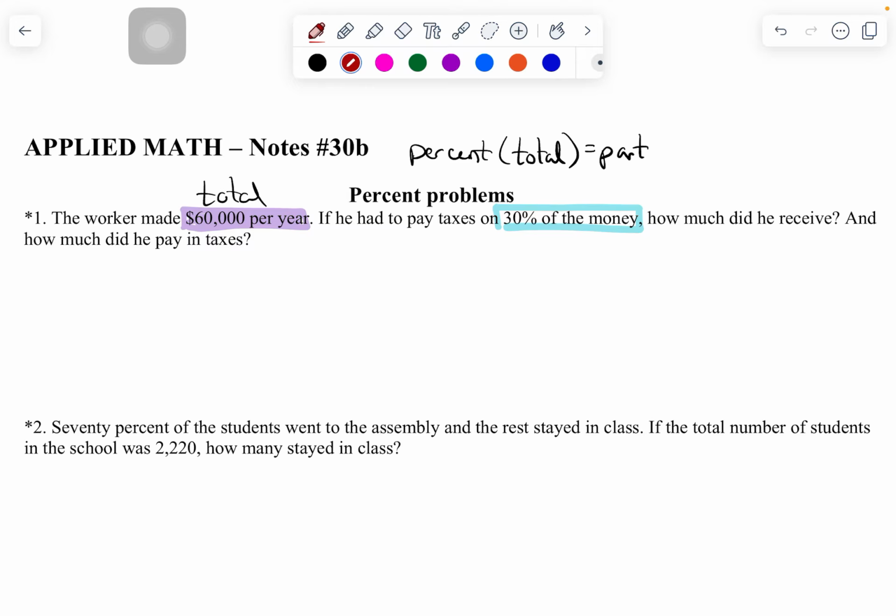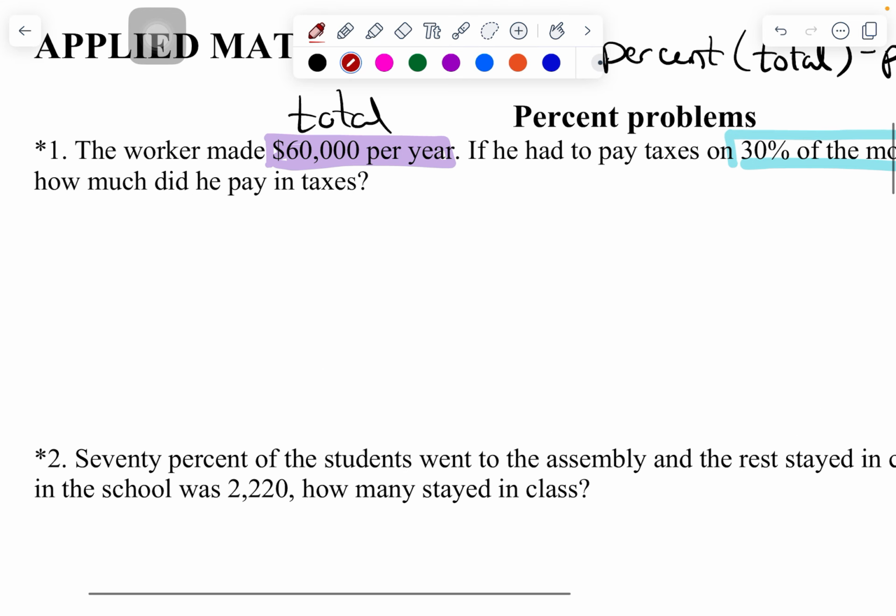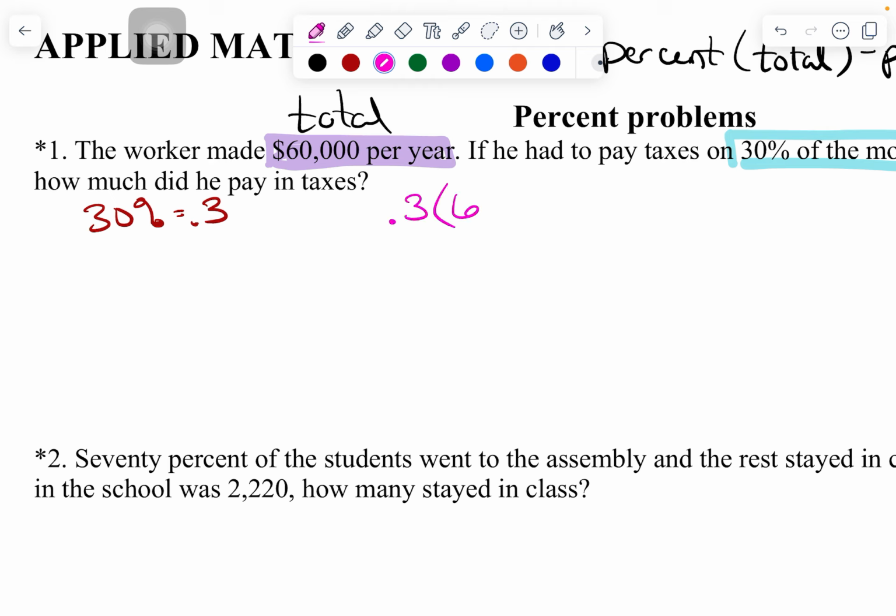Let's start with our percent, 30%. 30% is equivalent to 0.3 or 0.30. I never bother putting that 0 at the end because mathematically it does not mean anything. So we're going to take our percent, 0.3, times our total of 60,000 equals part.